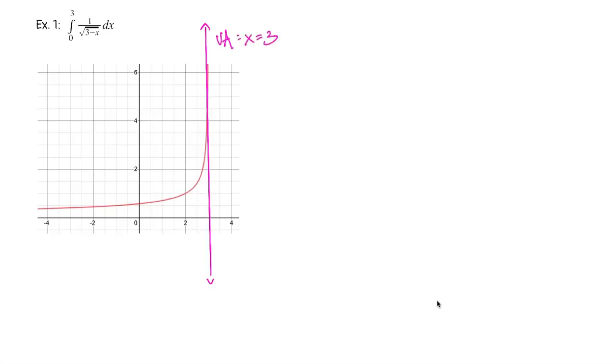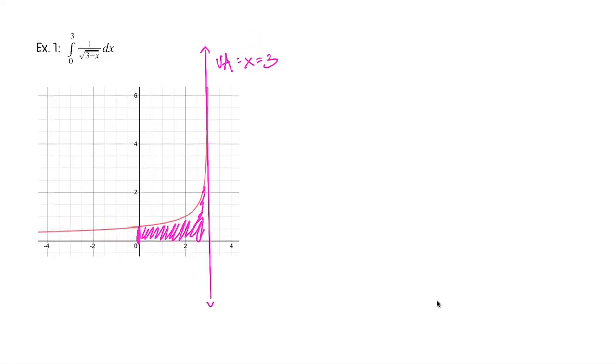I know that line's not very vertical, sorry. But if I set my starting point at 0 and I say, let me find this whole area, does this function get close to that vertical asymptote fast enough so that I can find an area? And so let's set up our equation.